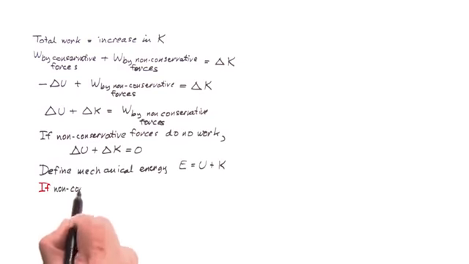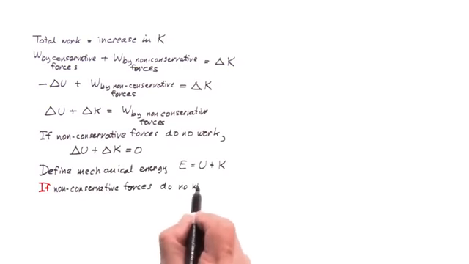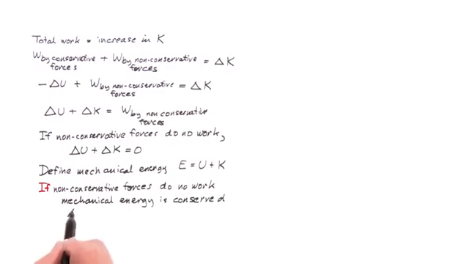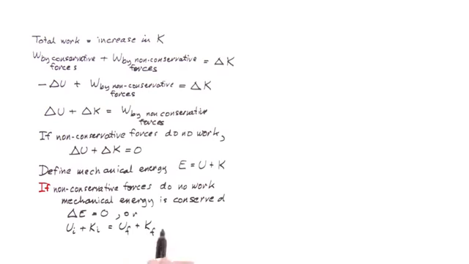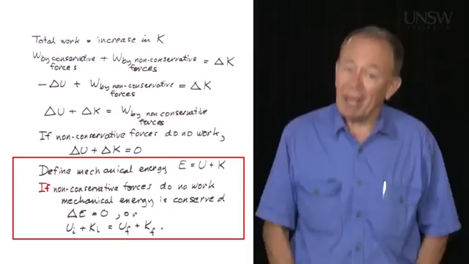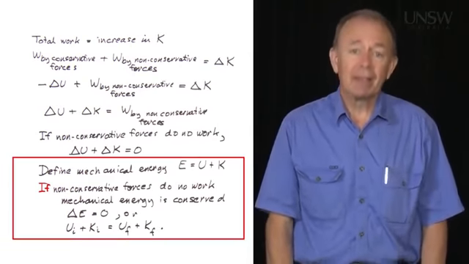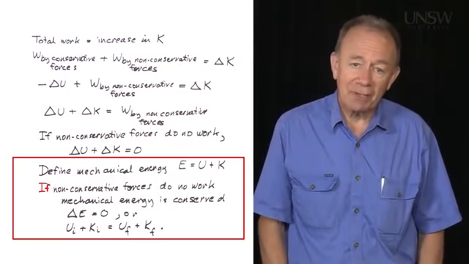If non-conservative forces do no work, then mechanical energy is conserved. A convenient way to write that conservation is U initial plus K initial equals U final plus K final. An important principle. So remember, if non-conservative forces do no work, then mechanical energy is conserved.